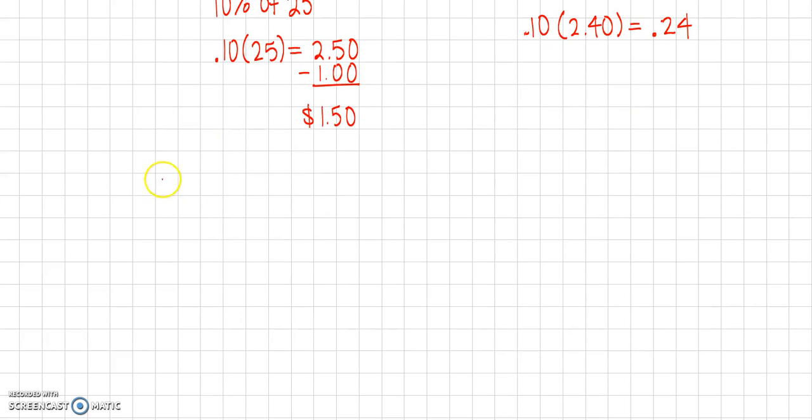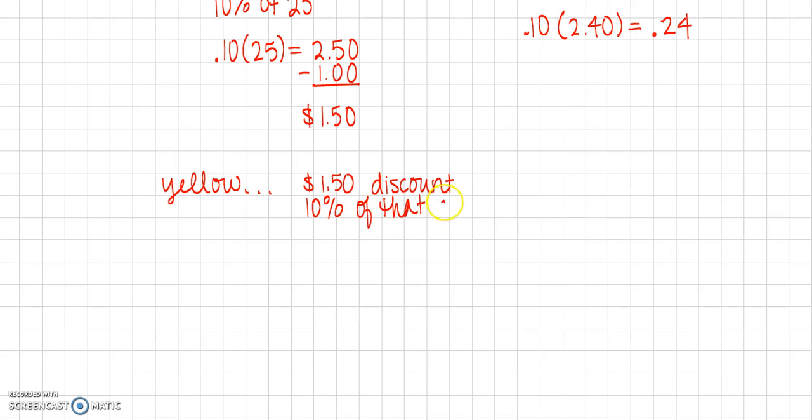Now we have the yellow sign, and it says take $1.50 off, and then 10% of that amount. And the original price is $30.